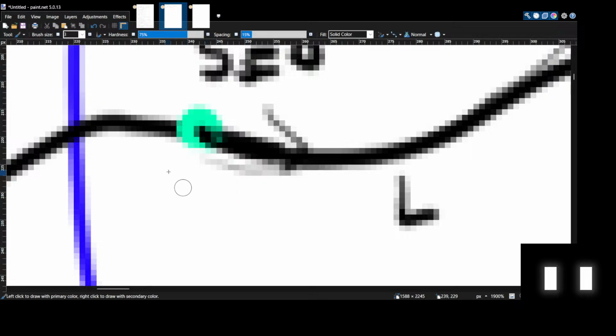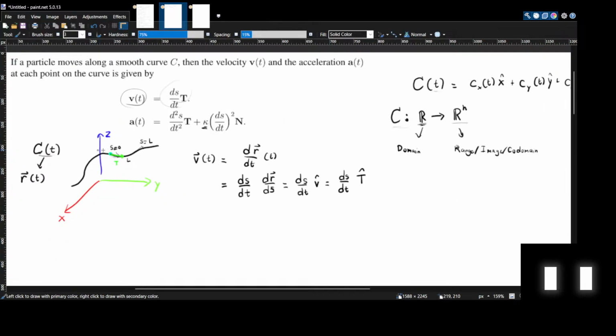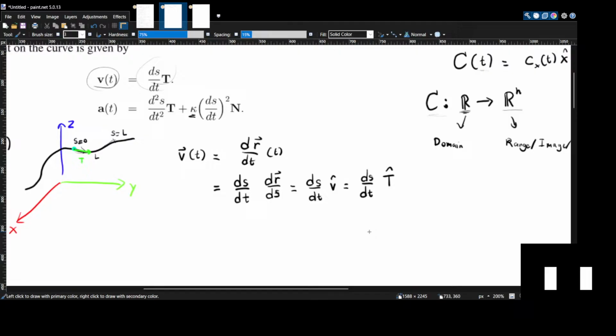If I were to draw it here, it would look something like this, if I could afford more pixels. All right, so that's what this means. That's the velocity vector. ds by dt is just how far you move, the length of the arc that you move, divided by the time it takes to move along that arc.